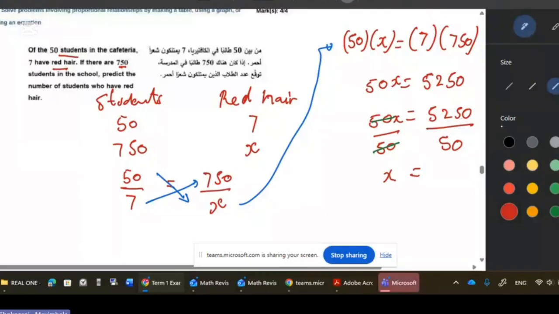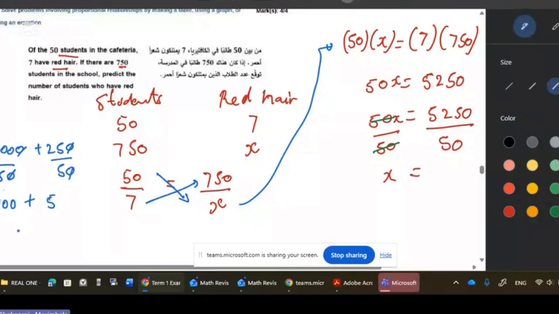You can separate that and say 5,000 plus 250, divided by 50. So 5,000 divided by 50 will be 100, and 250 divided by 50 will be 5.